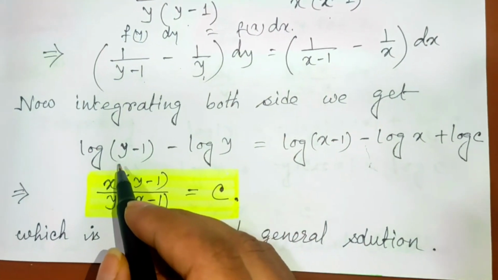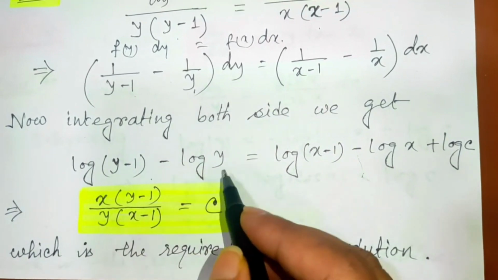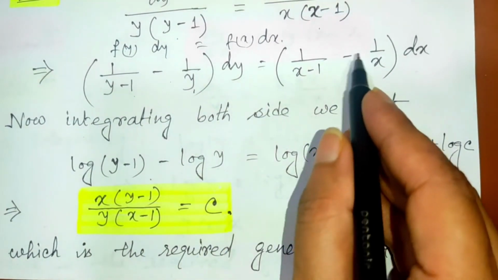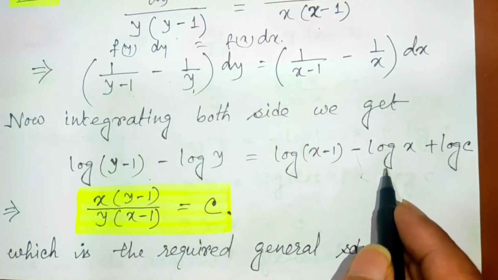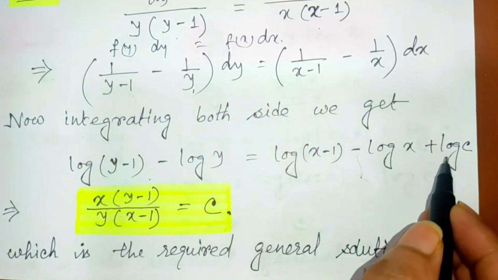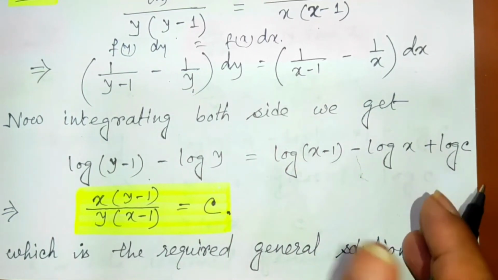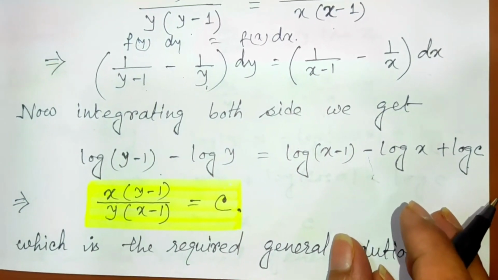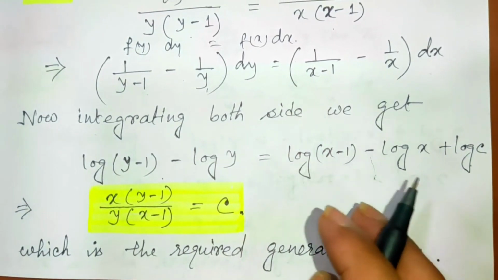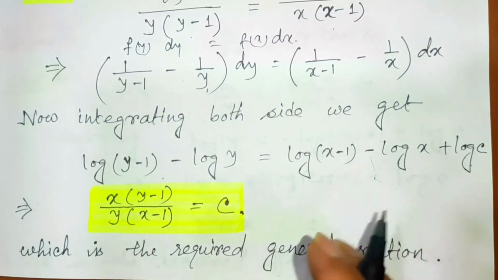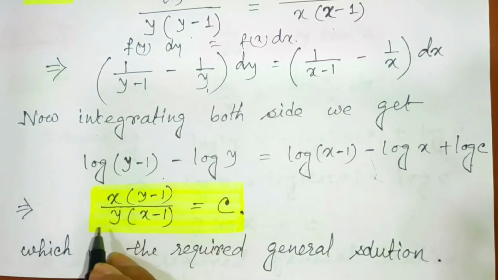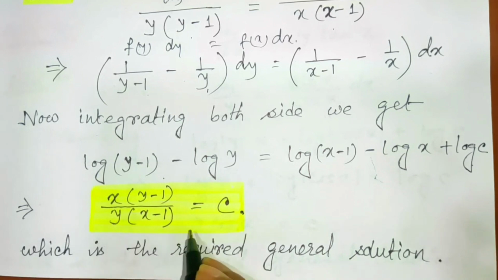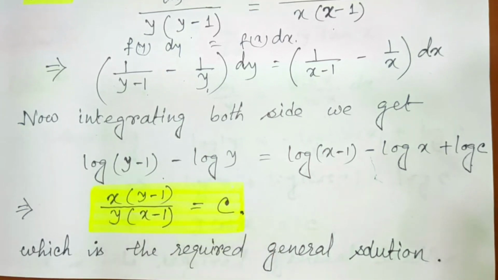The first integration value is log of y minus 1 minus log y is equal to log of x minus 1 minus log of x plus log c, that is the integrating constant that we have to introduce after each and every integration when it is an indefinite integral. Now while we simplify, we get x into y minus 1 divided by y into x minus 1 is equal to c, which is the required general solution.